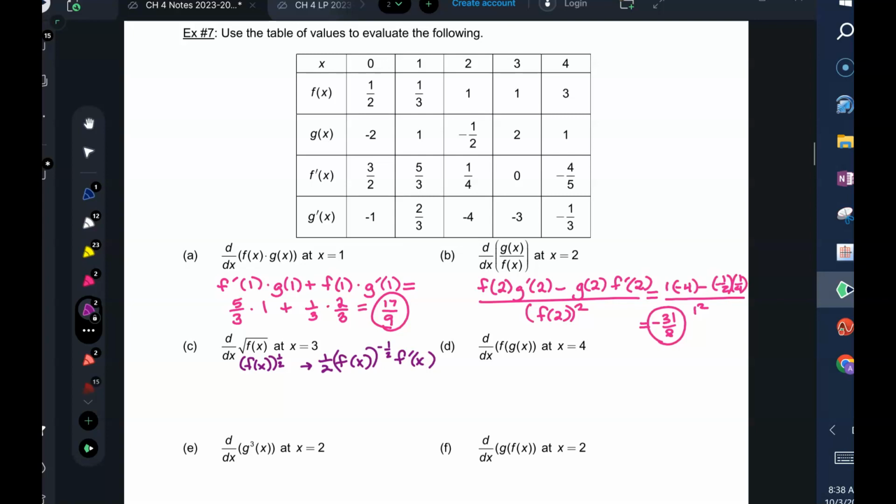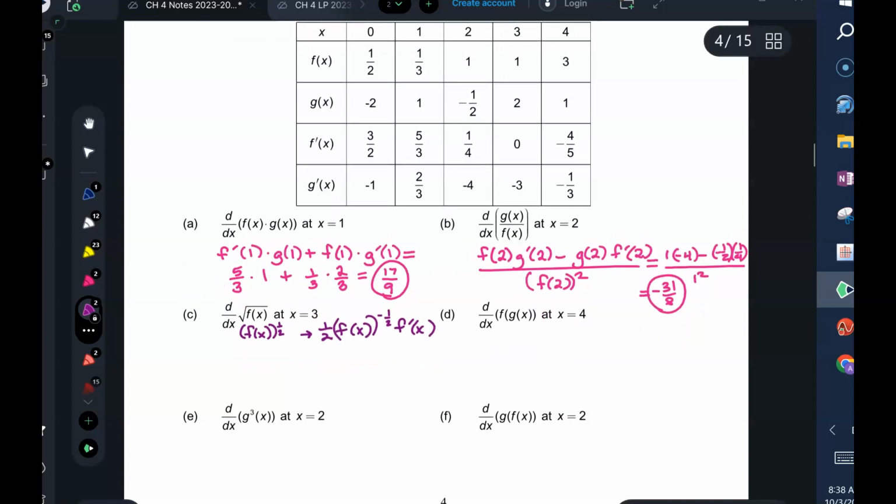Okay, so we want to do that when x equals 3. So that's going to be 1/2, f of 3 square root of that on the denominator. Actually, let me rewrite this: 1 over 2 root f of 3 times f prime of 3.